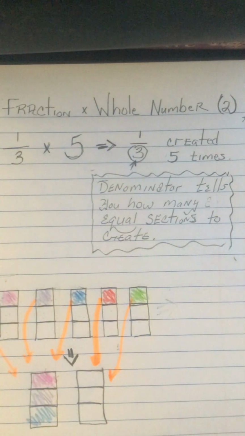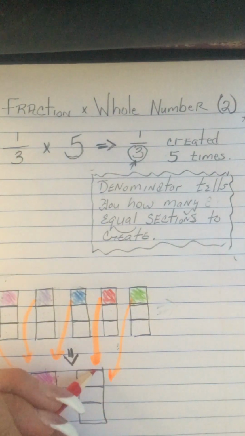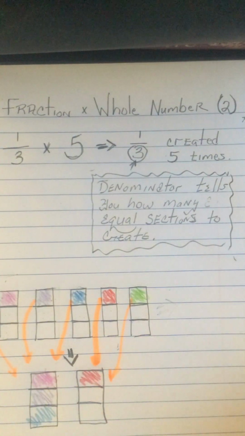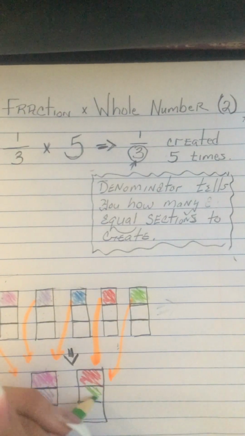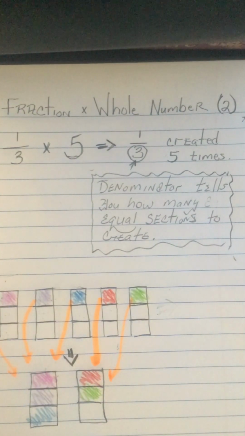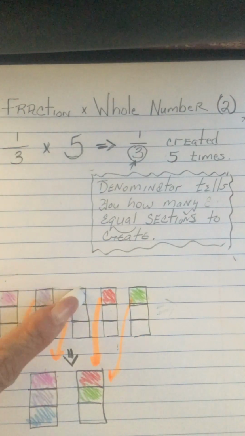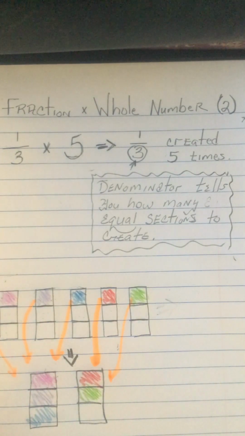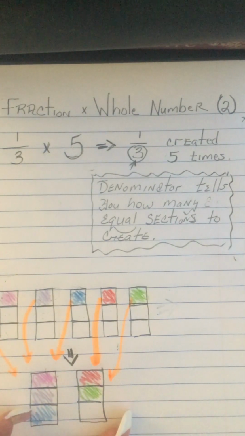So I'm going to bring down, here's my red, and I'm going to bring down the green. So I have 1, 2, 3, 4, 5 of my 1/3 all transferred to my final unit.